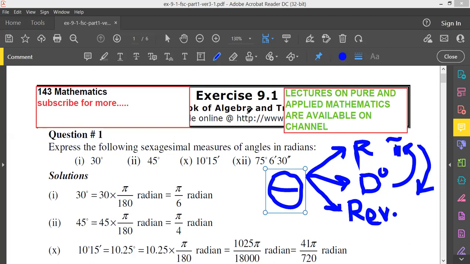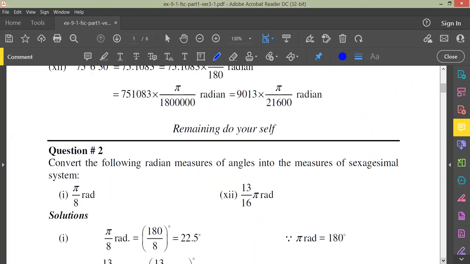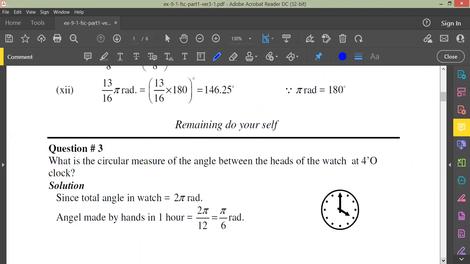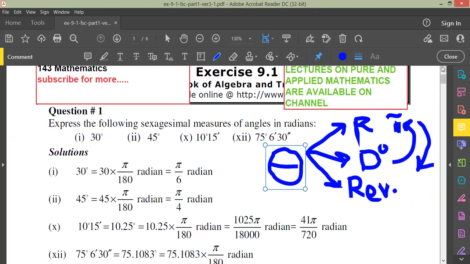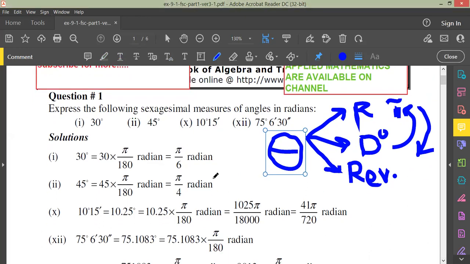This is exercise 9.1. This is a revision class, so we will go forward by simply doing some of these questions.